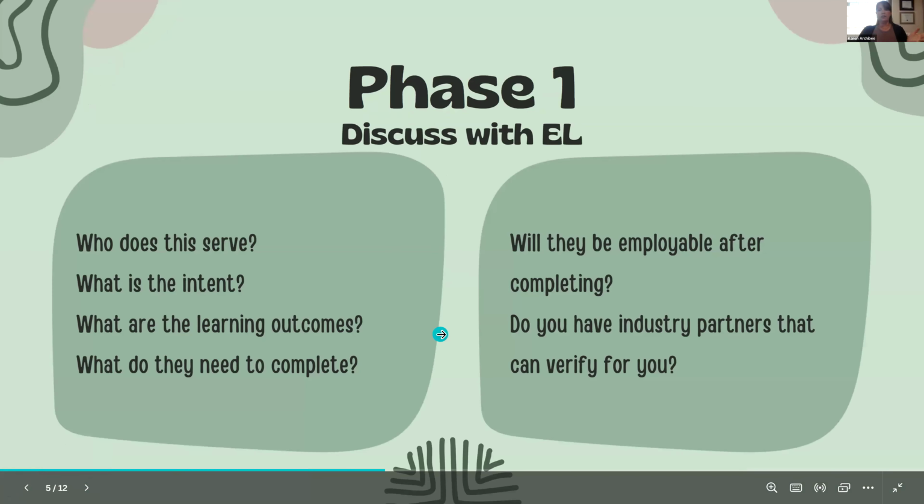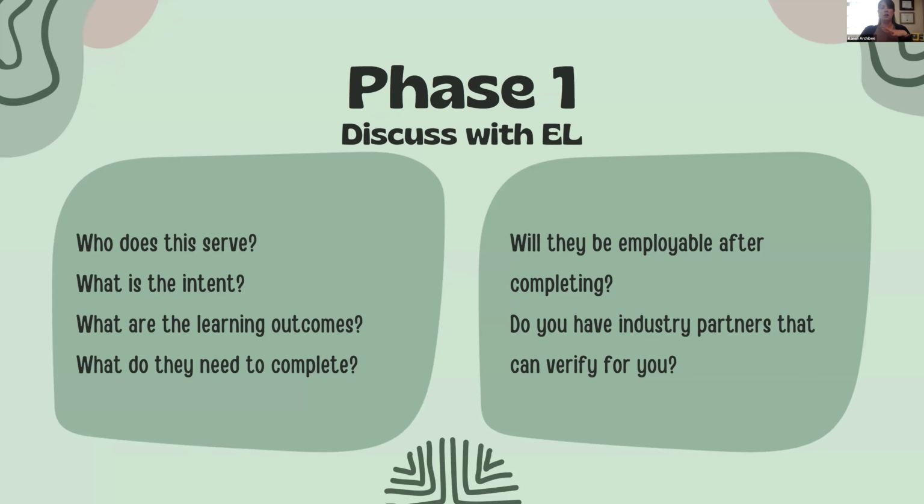So again, phase one, we're brainstorming. So we want to know who this microcredential will serve. Are you wanting to focus on current students, or do you want to branch out into an industry partner and assist a company? We've talked with JMA about some different ideas. There's different companies in Syracuse that we're chatting with about what they need and how we can serve them. So what is the intent of the microcredential?